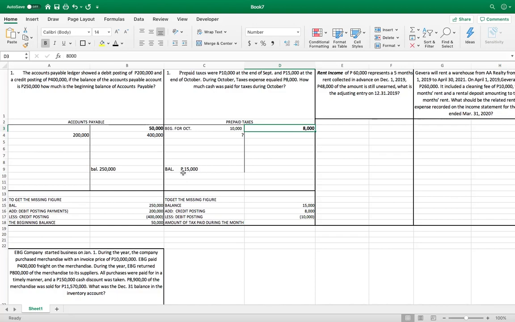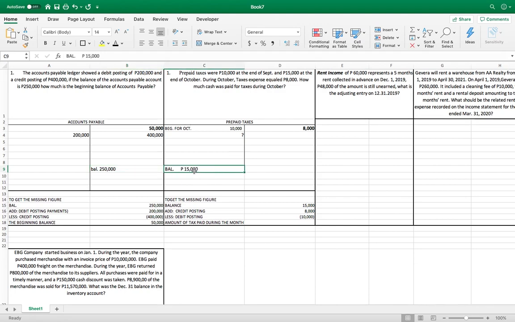So therefore, using the formula that we learned from the previous example, this time it's an asset. Take note that I place the balance of 15,000 on the debit side because that is the normal balance of prepaid taxes, unlike a while ago, where I placed it on the credit because that is the normal balance of accounts payable.